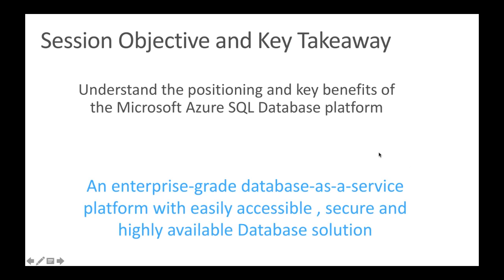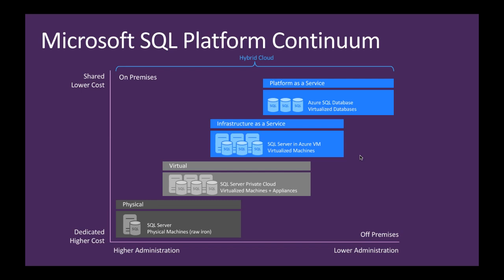Now moving right along, we have the continuum of the Microsoft SQL platform, where you are checking against the cost and administration. To run SQL Server on-prem on raw iron, what partners and customers are doing is they buy server hardware, a chassis, install Windows Server 2012 or 2016 or 2019, buy a SQL license with CALs, install the SQL on the hardware, and then have an administrator who will be doing the administration.